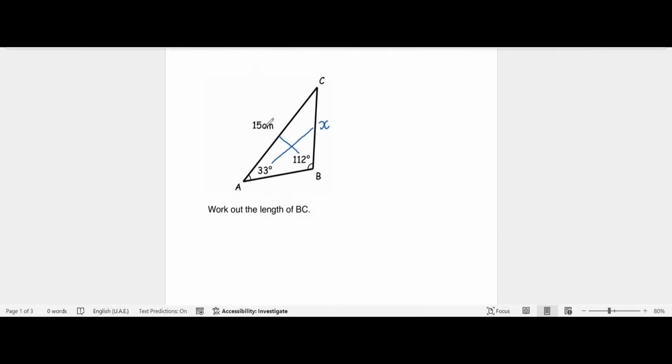Now 15 over, what is the angle opposite to 15? That is 112. So 15 over sine 112 is equal to, now what is the side length here? That is what we need to find out.